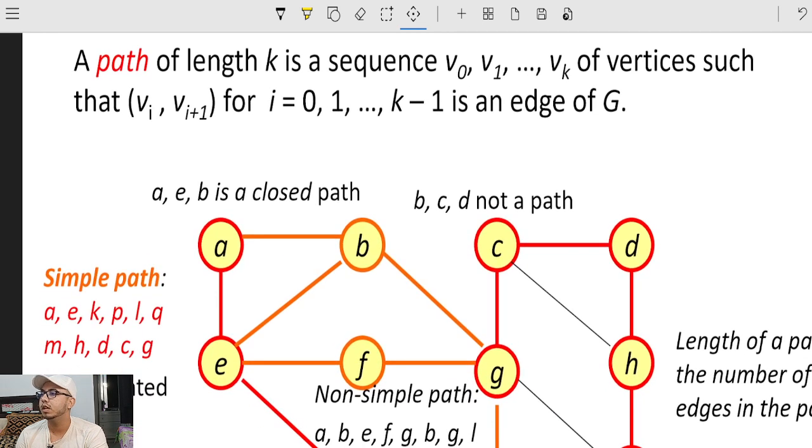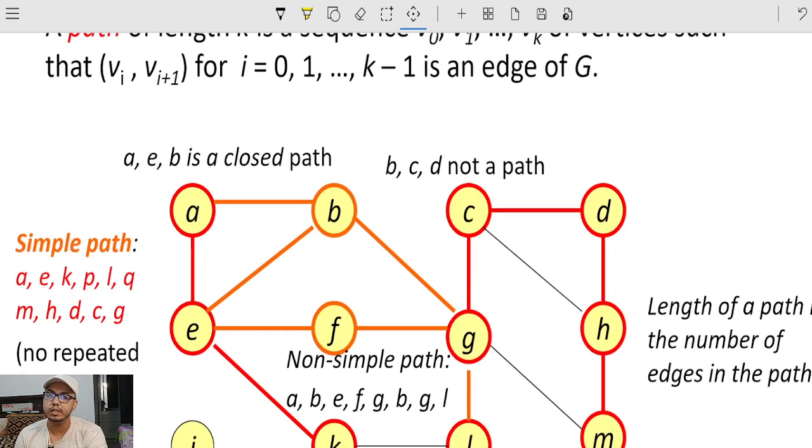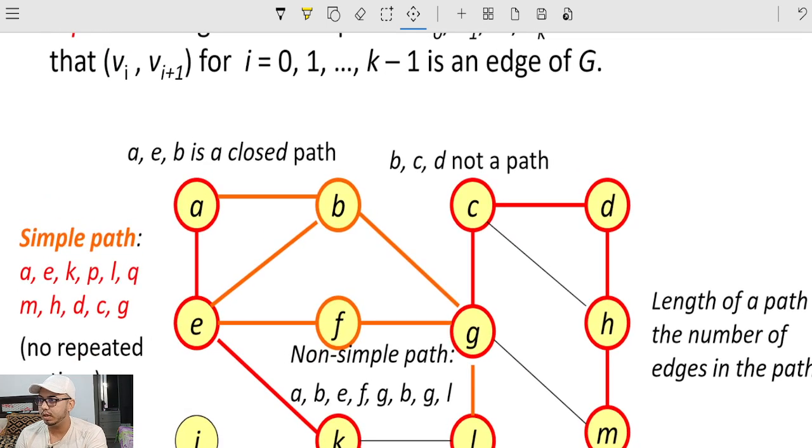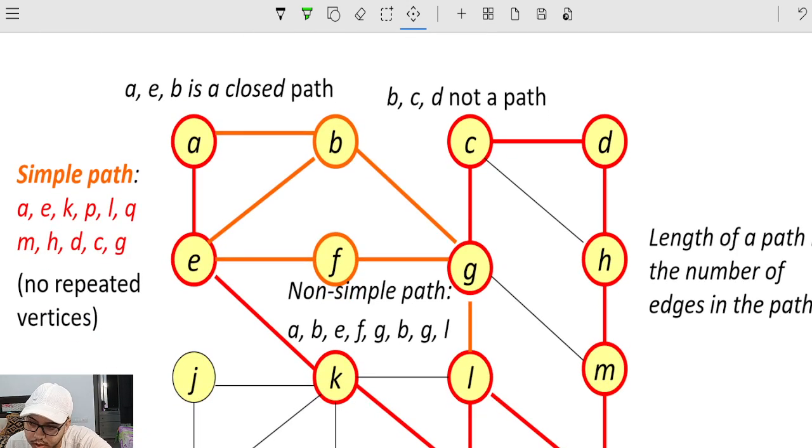AEB is a path, and BCD is not a path, because there is no edge between B and C. Now you can see a simple path A E K P L Q M H D C G with no repeated vertices.